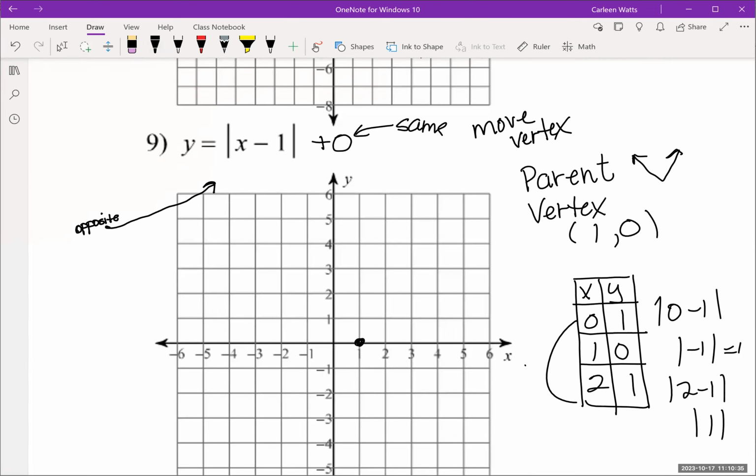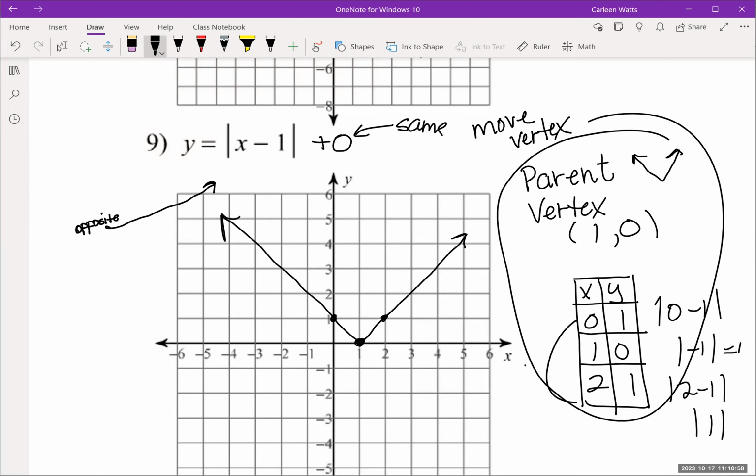So is absolute value a U or a V? A V. So I'm going to graph 0, 1 and 2, 1, and absolute value is a V. So we found the parent, the vertex, and we made a table.